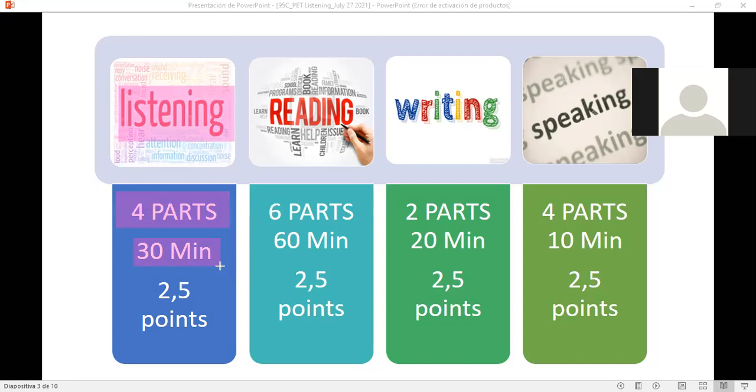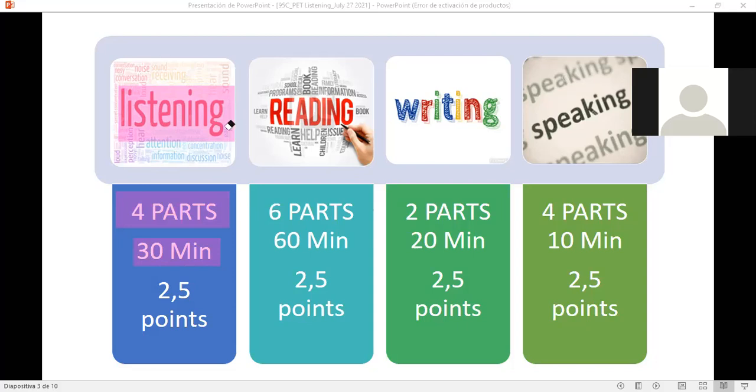So, as you can see, each skill contains different parts, okay? We have the listening part with 4 parts, 4 exercises, and 30 minutes to complete.